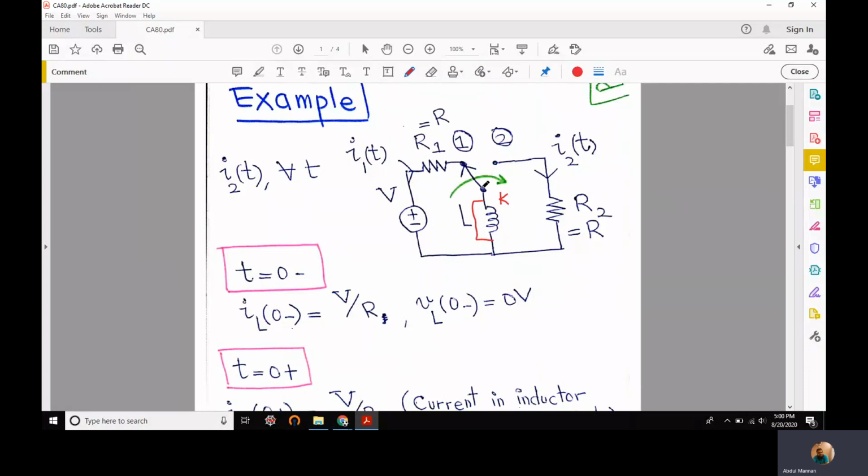So as soon as we move the position of the switch from 1 to 2, and disconnect it from here, this inductor will start acting like a current source, causing a current flow through resistor R2 in this direction, in clockwise direction.